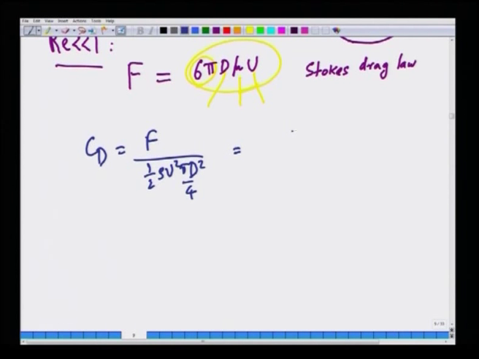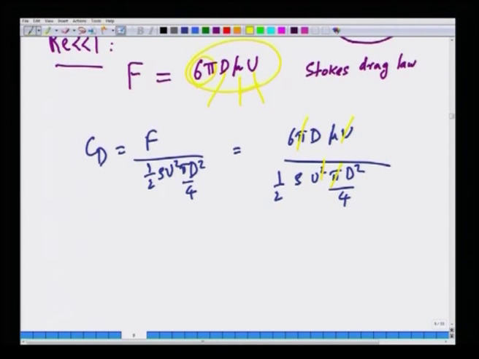If we substitute 6 pi d mu v by half rho u squared pi d squared by 4, then the pi goes off. Okay.